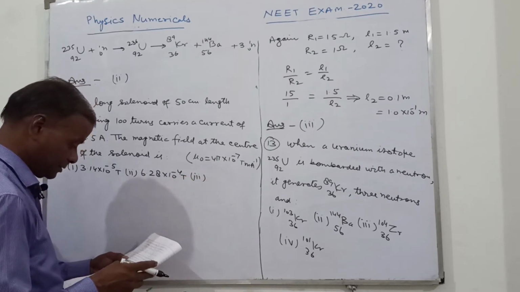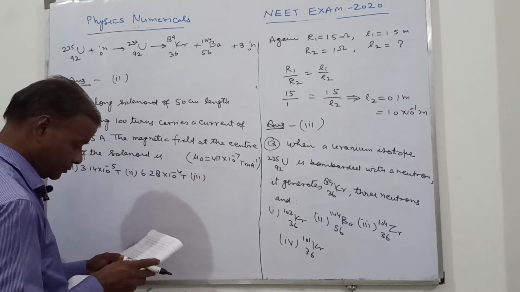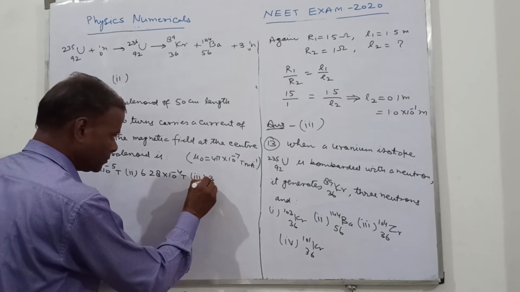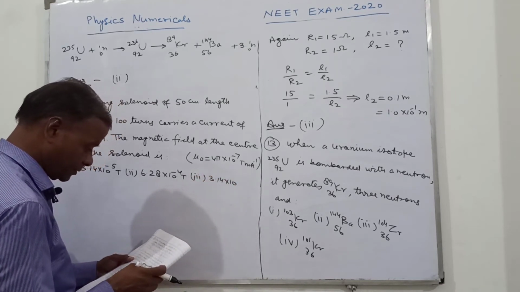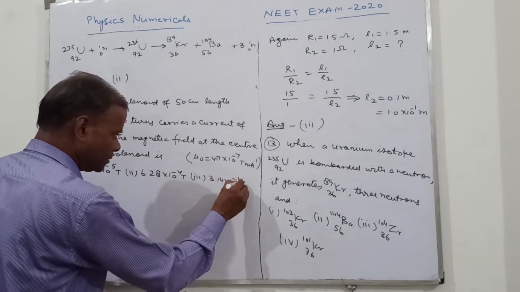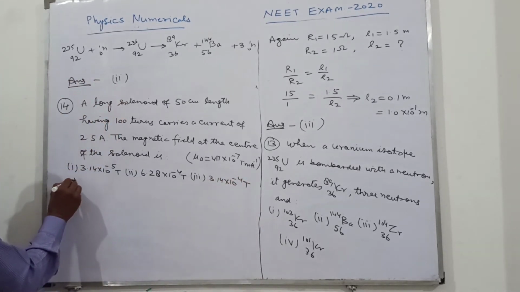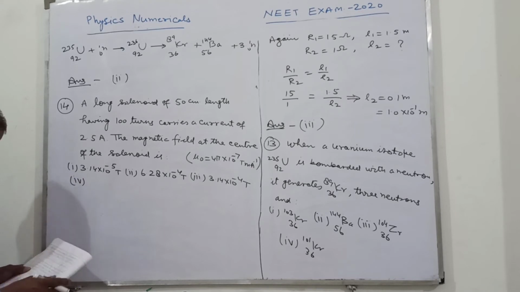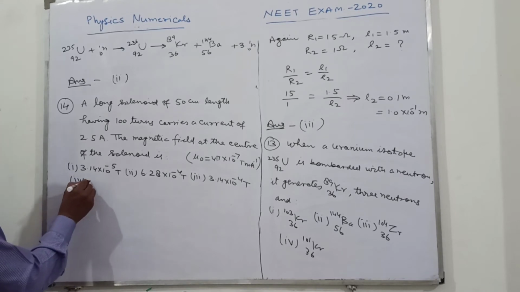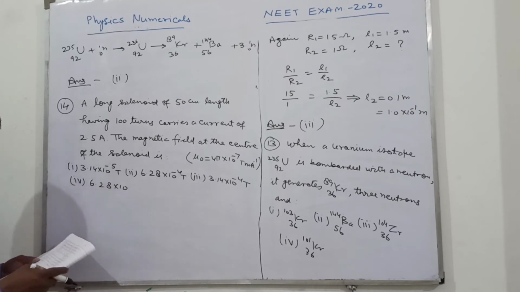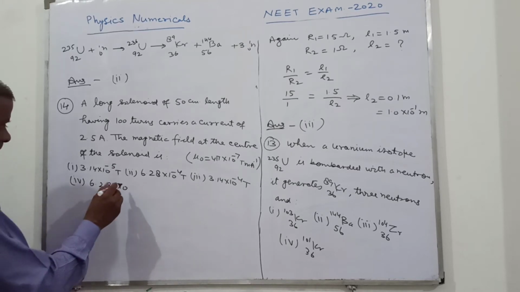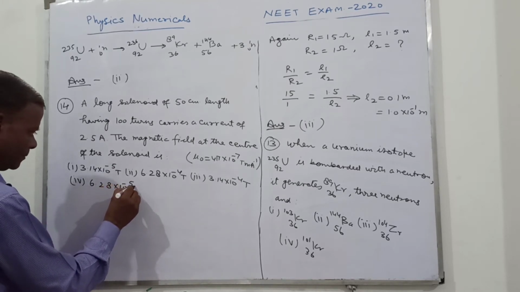And third is 3.14 into 10 raised to power minus 4 Tesla. And now fourth option is 6.28 into 10 raised to the power minus 5 Tesla.